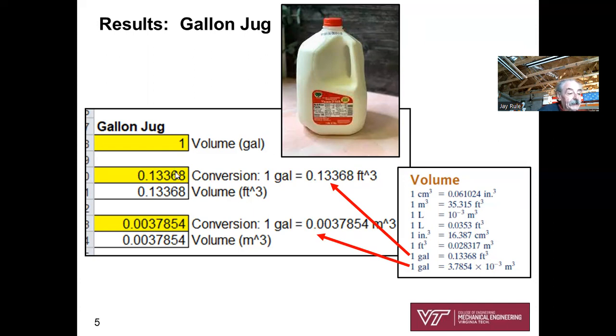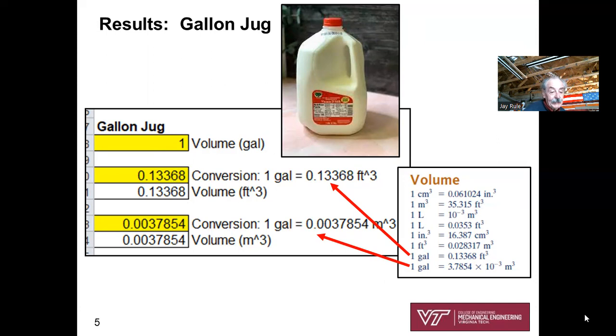I'm going to multiply 1 by 0.13368 to get the volume you're looking at. So this gallon jug is 0.134 cubic feet.